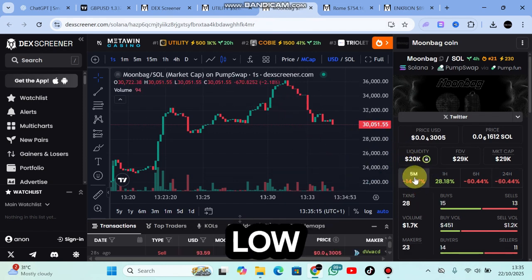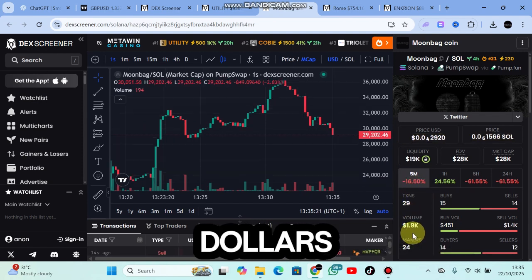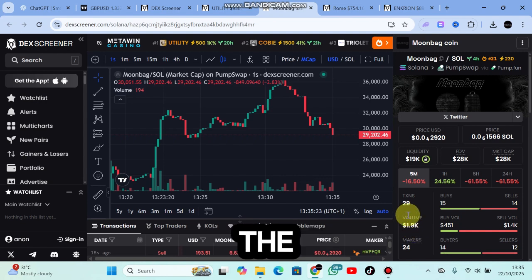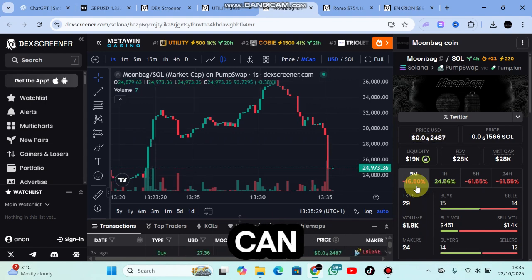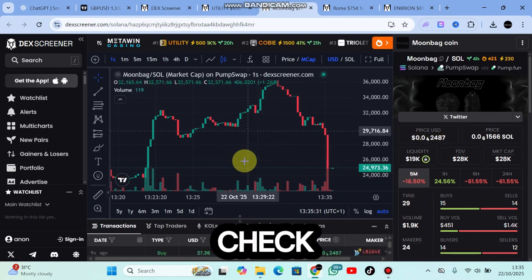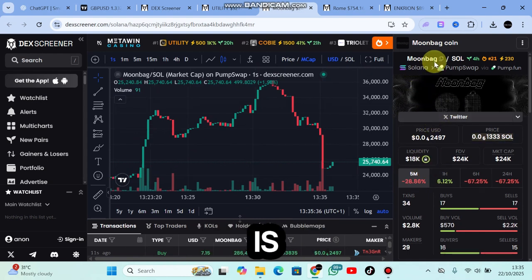Liquidity is a bit low, and in the last 5 minutes we have just 1.7k dollars that has entered this particular token. So what you can do, first thing first, is check if the liquidity is locked, and also check if the coin is trending on Twitter.